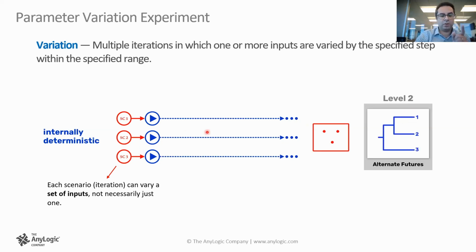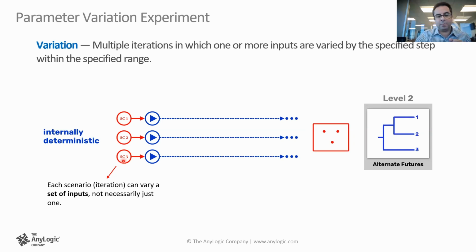One thing that I wanted to mention is that when I say scenario, it doesn't mean that in a scenario you're only changing one input. You might have a set of inputs. Let's say this is a factory and you have the number of forklifts, number of workers, the working hours, and so on, all parameterized. So in one scenario, you might change multiple input parameters.